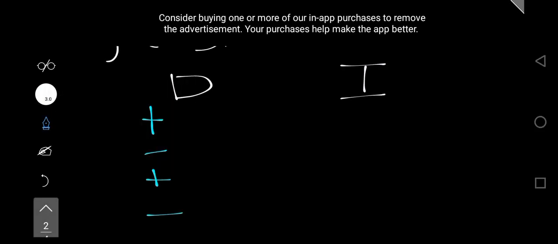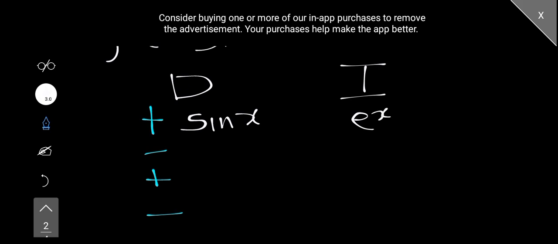So we said we differentiate sine x and integrate e to the power x. What do we get when we differentiate sine? We get cos x.